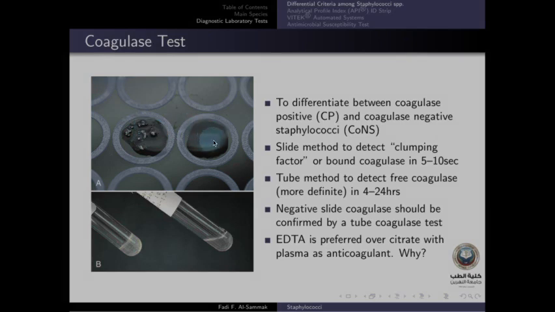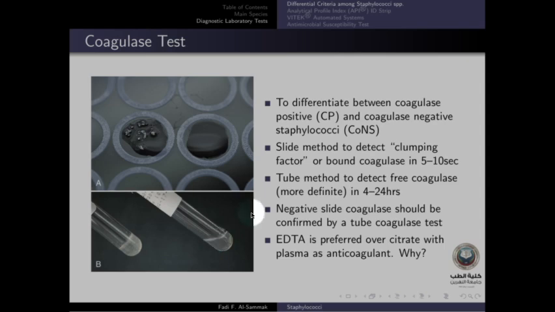This is positive, this is negative. Now if it is positive, then it is coagulase positive, but if it is negative, we should confirm the negative result by doing the tube method. This is the tube format of the coagulase test; because of the formation of the clot, here it is positive and here it is negative.